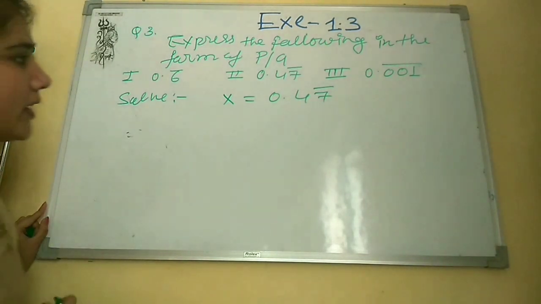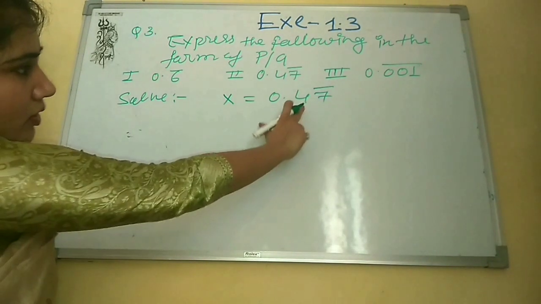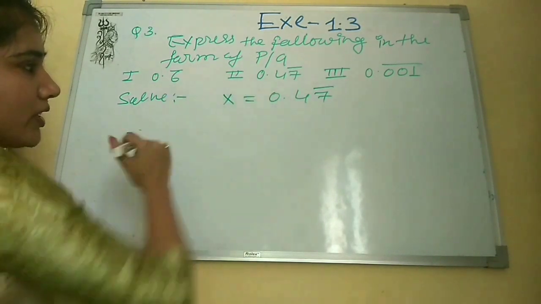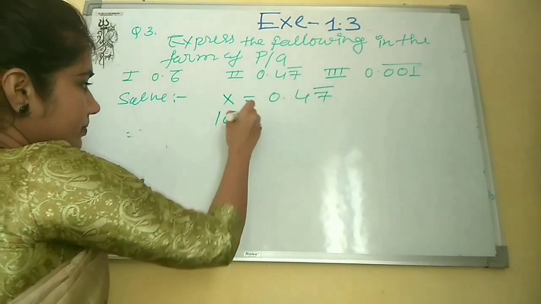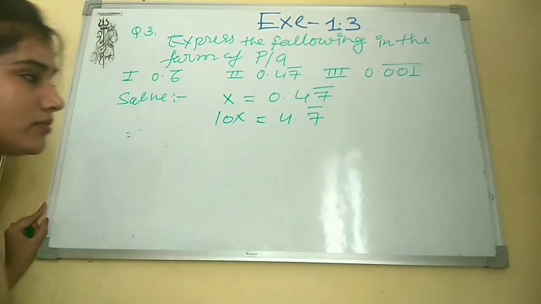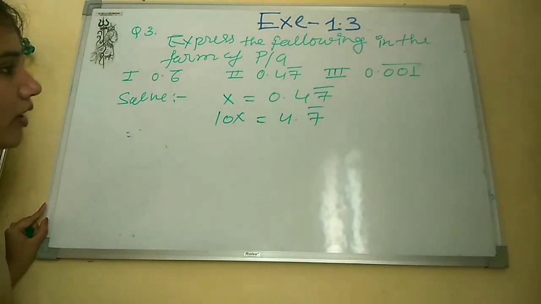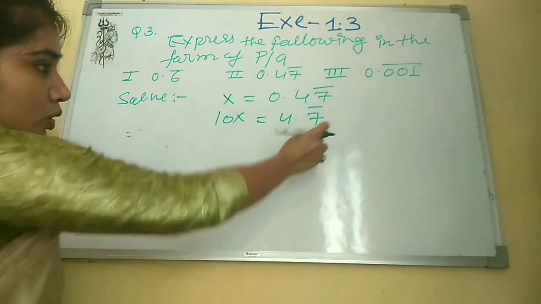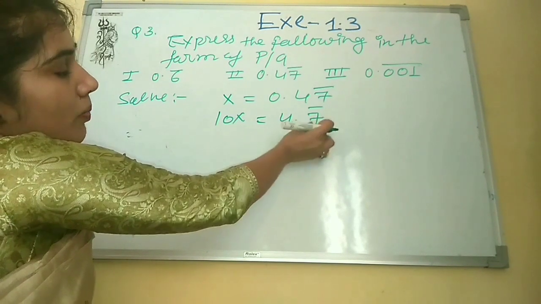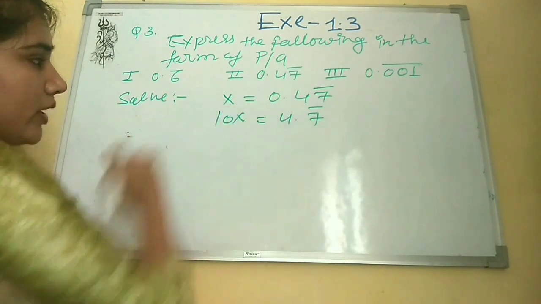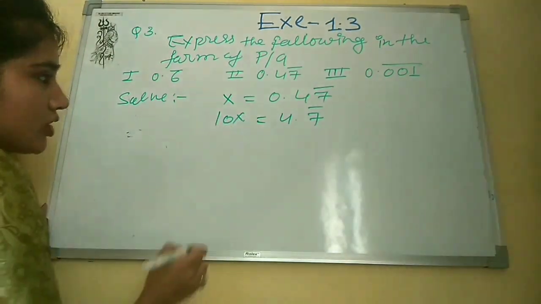We just multiply by 10 to make it 4 before the decimal, 4.7 bar. Now we multiply by 10 again to put this 7 before the point in the same equation.